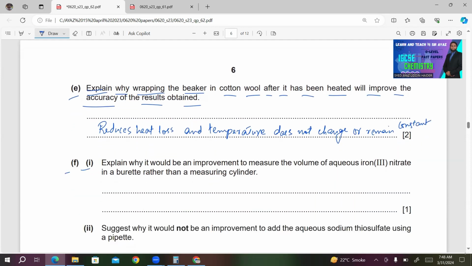F1. Explain why it would be an improvement to measure the volume of aqueous iron 3 nitrate in a burette rather than a measuring cylinder. Burettes have higher accuracy than measuring cylinders.